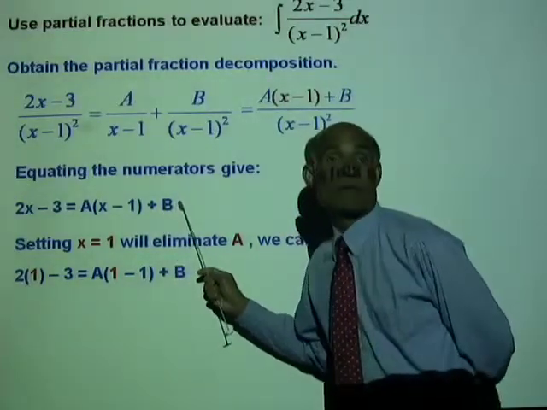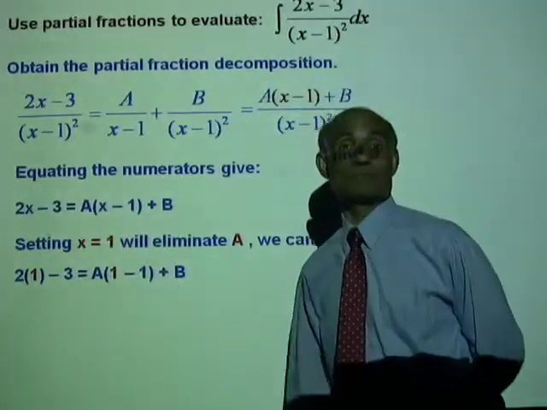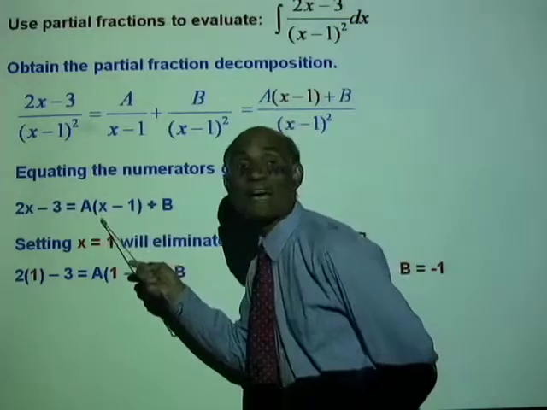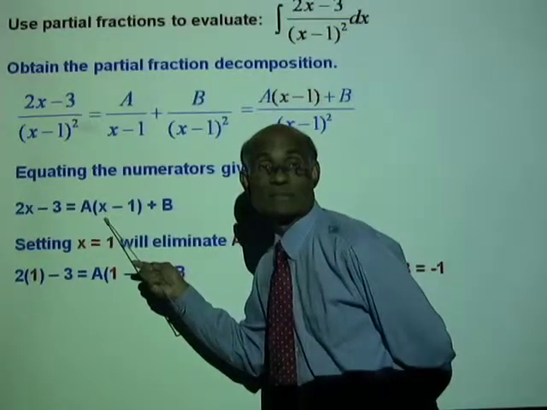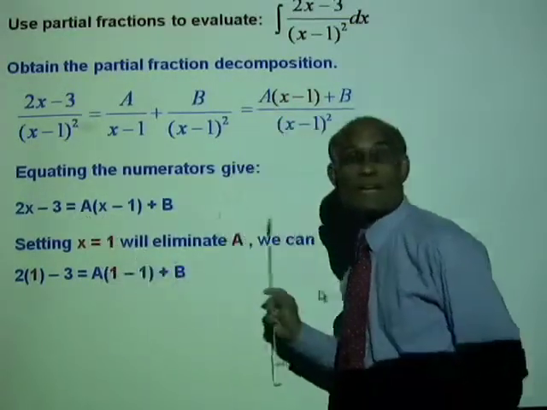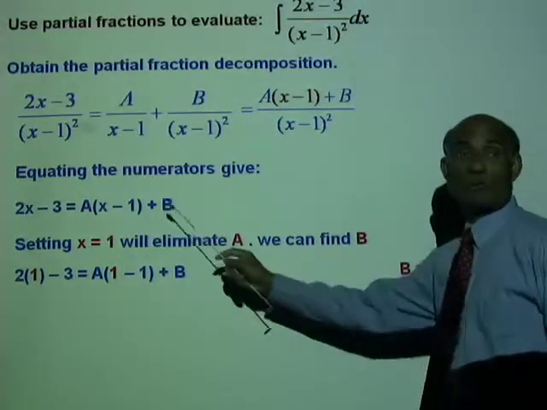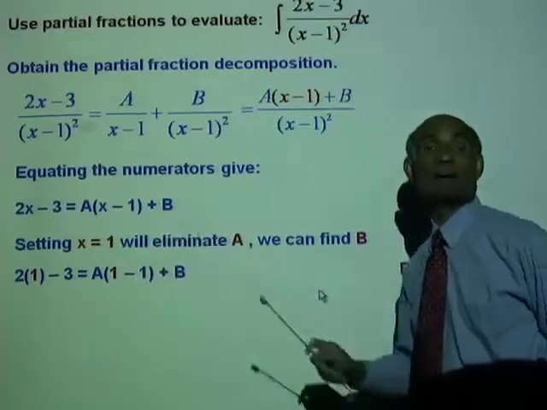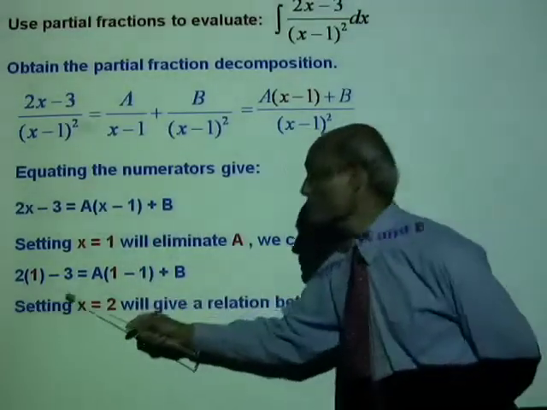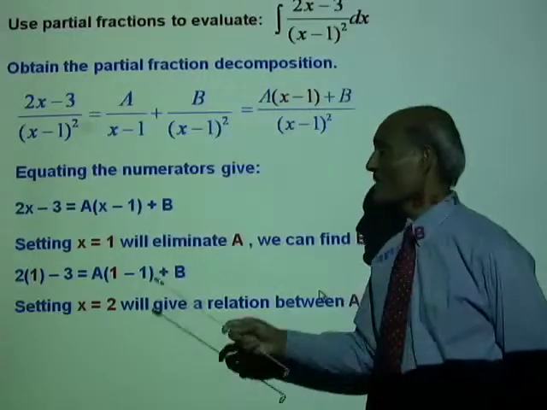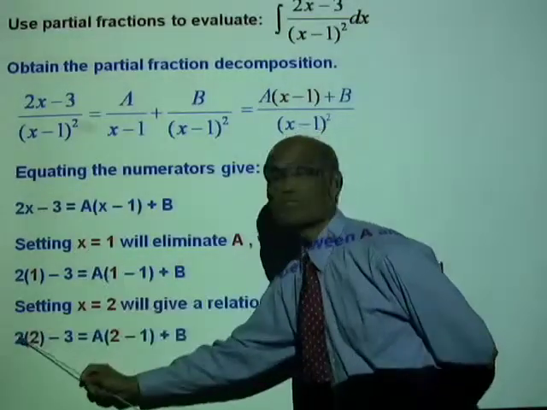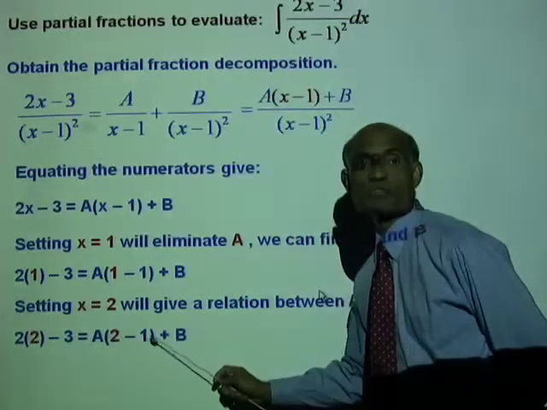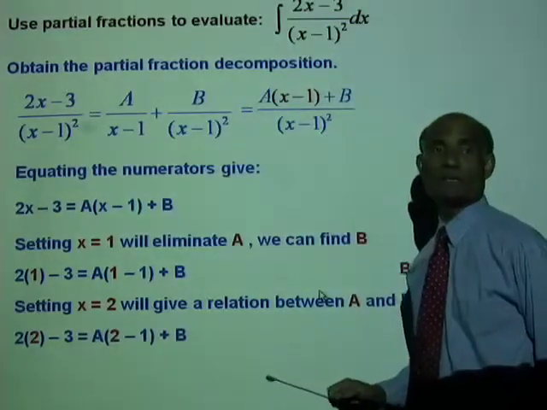Well, we cannot eliminate b using any x value because b has no x associated with it. That means you can choose another x value here and then replace b by -1, and then find the value of a. So let's put x equal to 2 then. If x equal to 2, what will you get? 2 times 2 minus 3 equal to a times (2 minus 1) plus b.